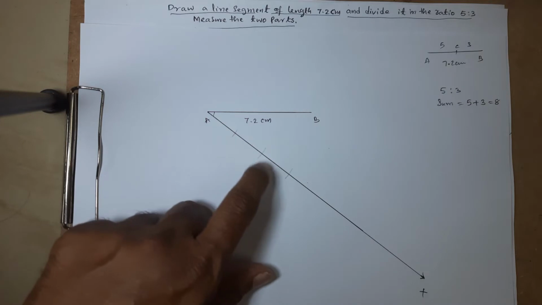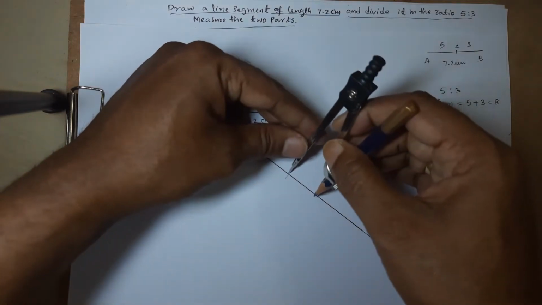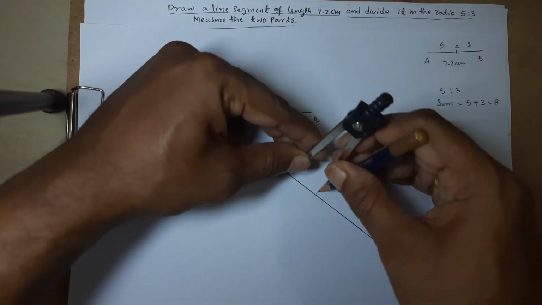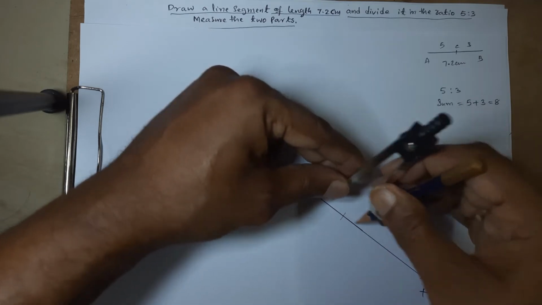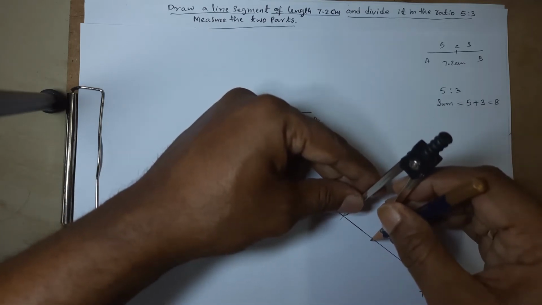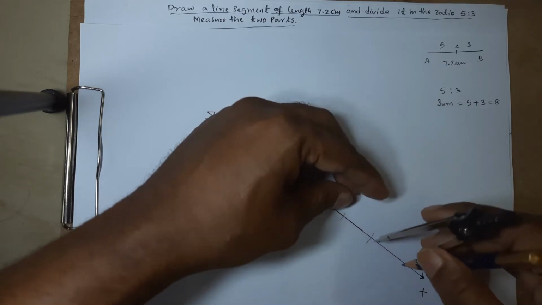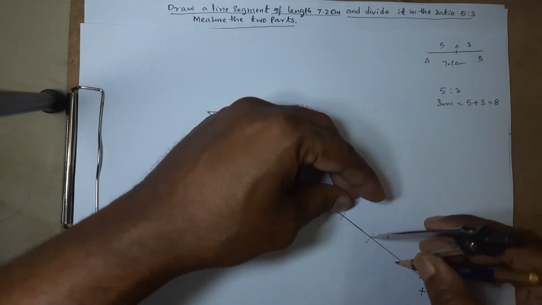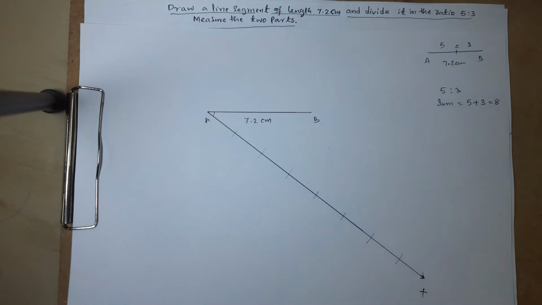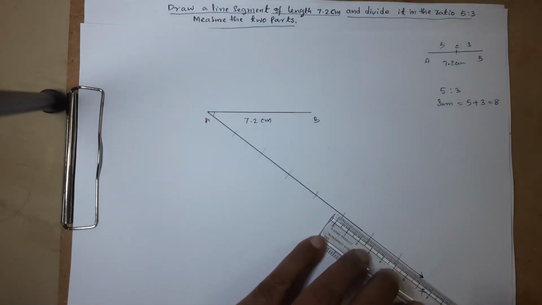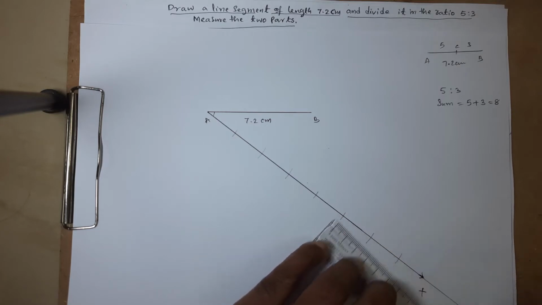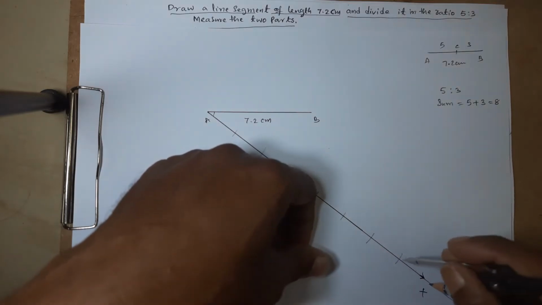This is 1, 2, 3, 4, 5, 6, 7, and one more is there, 8. Okay, so this is the 8th point.